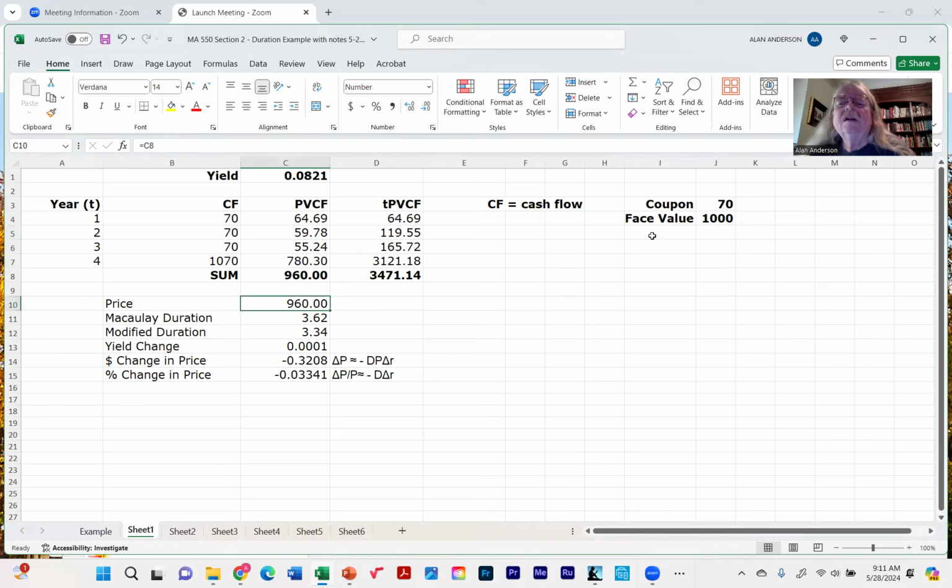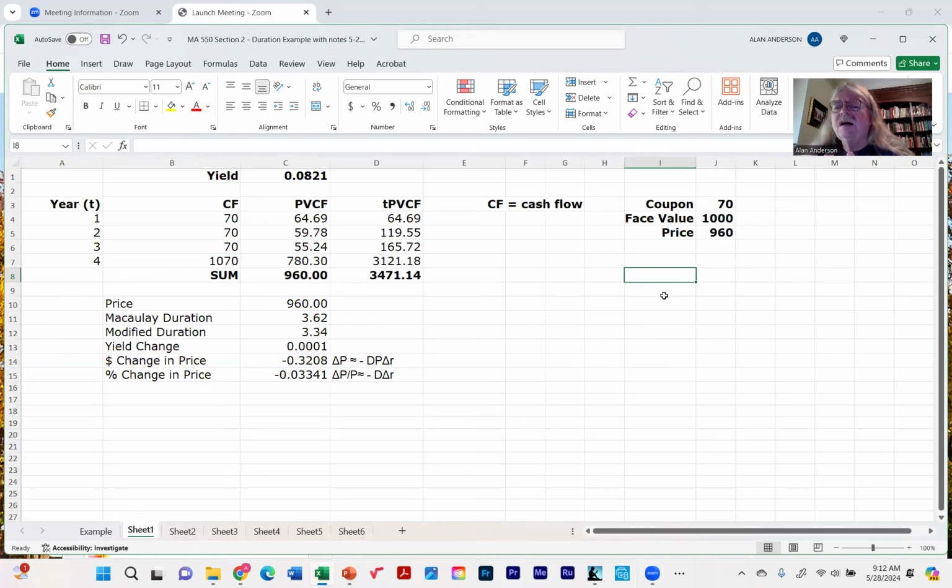That's listed right here. Now, we did mention last time, one of our earlier meetings, that the only 2 days on which the bond's price is guaranteed to equal the face value are when it's first issued and when it is redeemed at maturity. In between, the price can fluctuate depending on market conditions, specifically what's happening to interest rates.